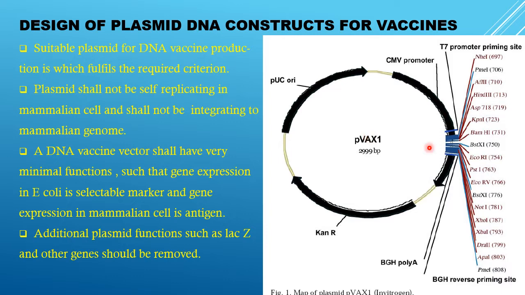Talking about the pUC, this is a commercially available pUC vector or pVAX1 vector, because these vectors are from the pUC category. pUC stands for the plasmid from the University of California. This yields between 500 to 700 copies per E. coli cell, and it is readily available. That is the advantage of this particular vector.